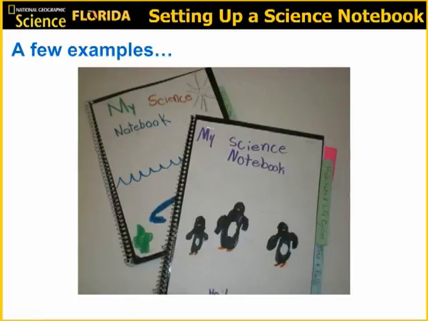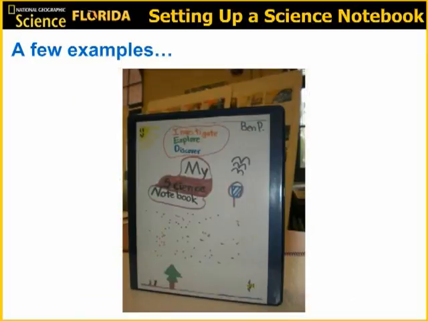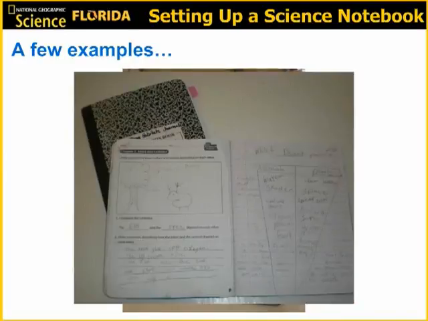When it comes to setting up your science notebooks, there are many options. This teacher has a spiral notebook for each student, and she has students use index cards to create separate sections for each unit. This teacher uses a 3-ring binder, which makes it easy for students to insert pages when necessary, and plastic sheet protectors are used so students can store some of their work.